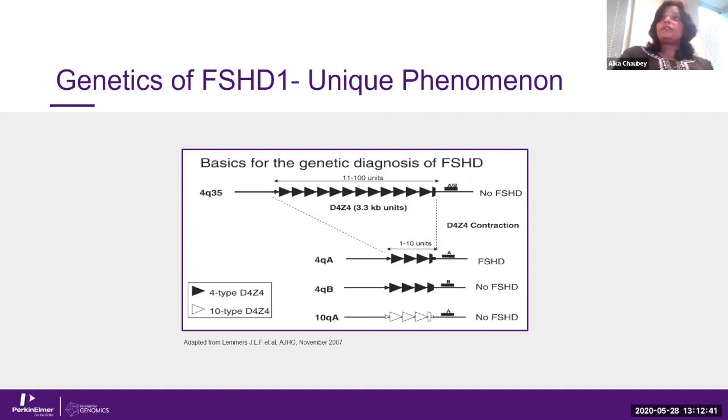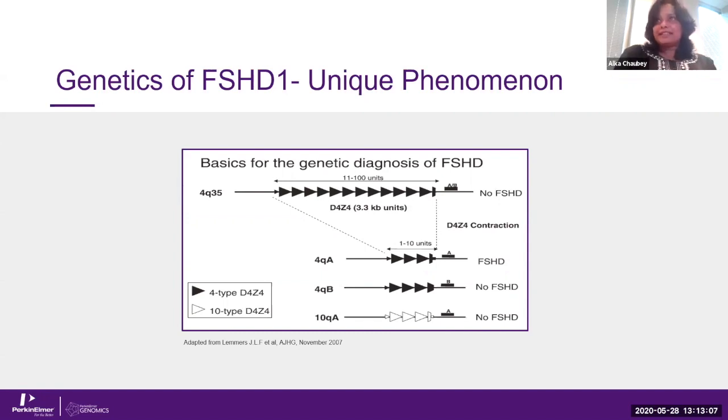Now, if you do have the repeat contraction, however, with the B polymorphism, then it will not manifest into FSHD. This is because of how this repeat cluster in our genome creates an environment for this toxic protein, the DUX4 protein, to be formed, leading to the disorder.